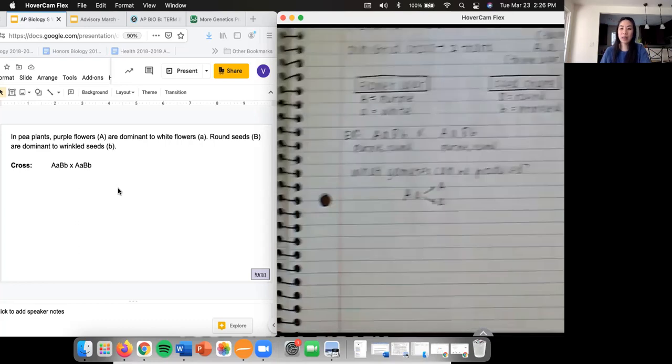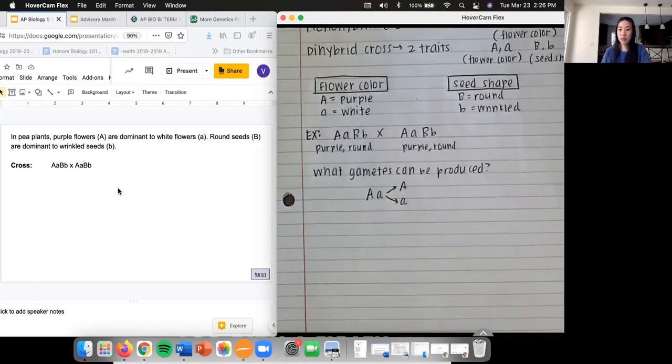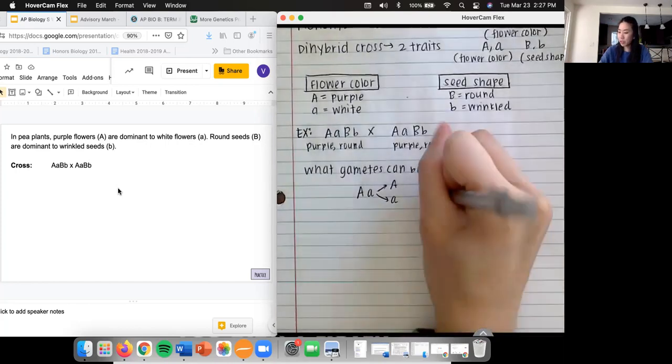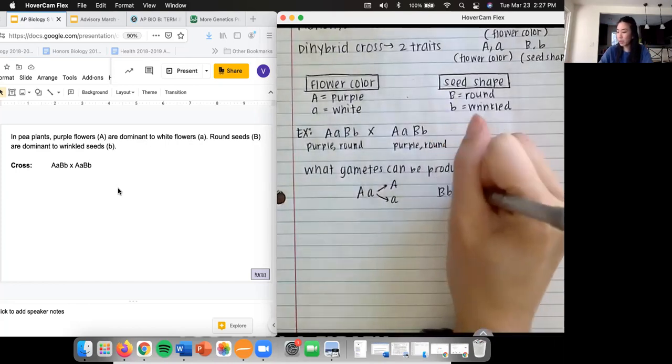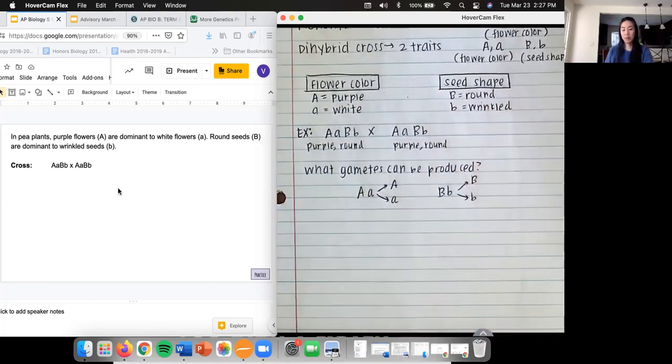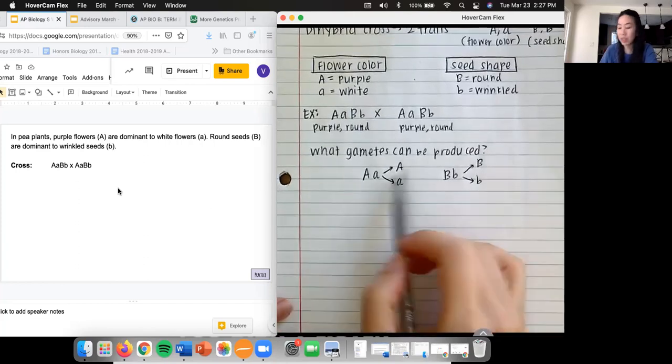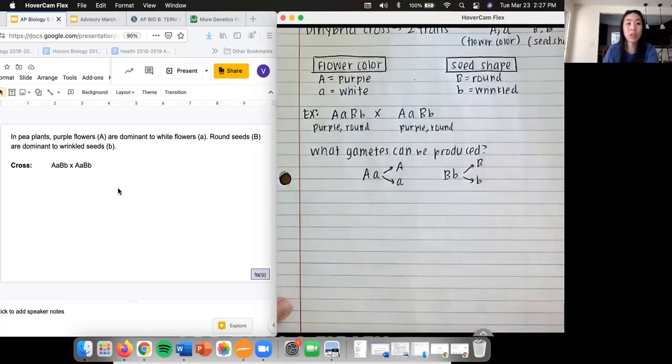Now, if you have a second trait, you also are including the B, which is the seed shape. So big B, little b can also make capital B or lowercase b. Now, when you do a dihybrid cross, you have to get all the combinations of A's and B's. Since we're doing two traits, you have to get all the different combinations.